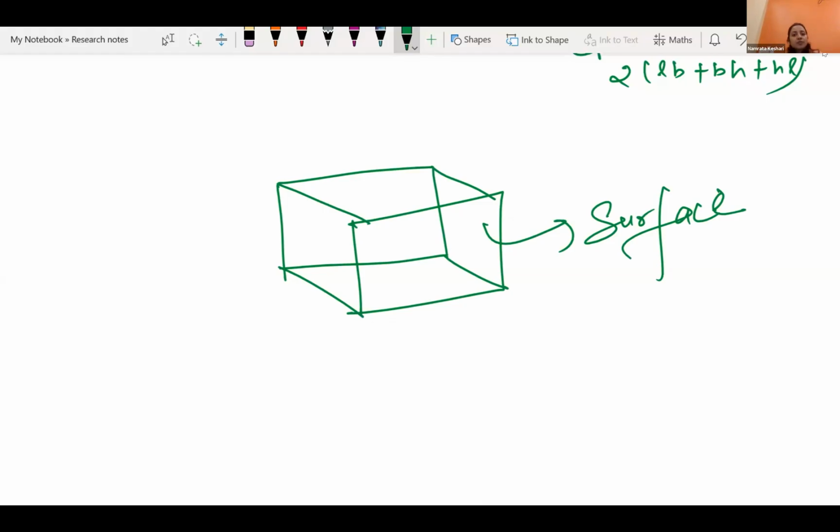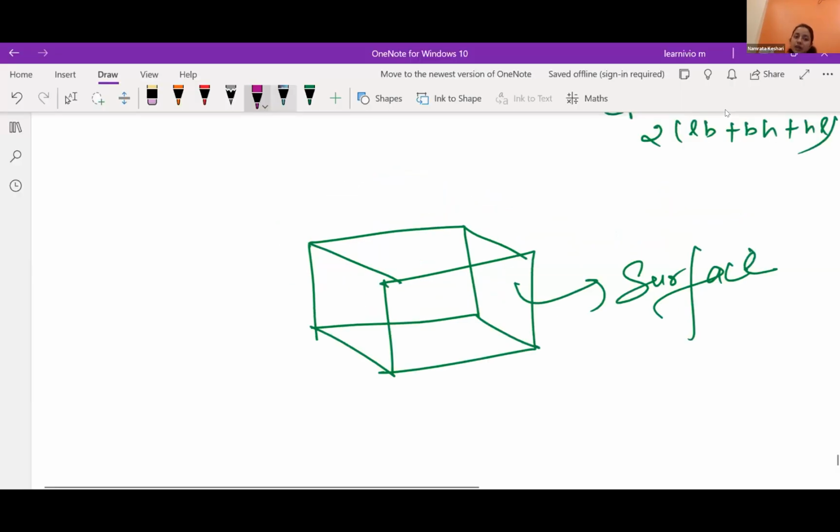Take a sweet from here, and then find the surface area of this box. It is a cuboid-shaped box. I'm giving you length as 5, breadth as 3, and height as 2. Then I will ask you to find the surface area, but keep in mind that the front opening is missing. It's an open box.